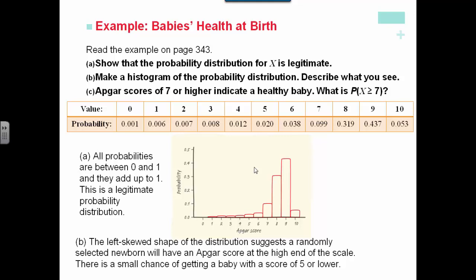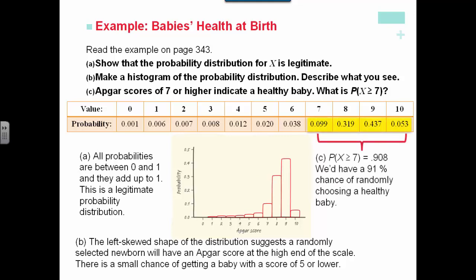There's a small chance of getting a baby with a score of 5 or lower. And the final one is the probability of X greater than or equal to 7. We take a look at all these probabilities and add them together. 0.908, which is a 91% chance of randomly choosing a healthy baby.